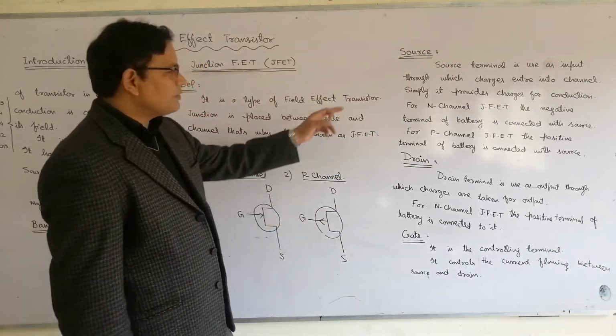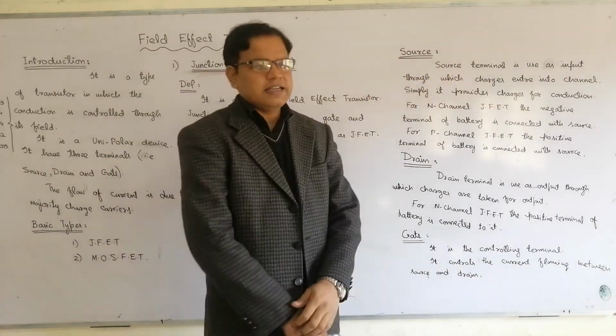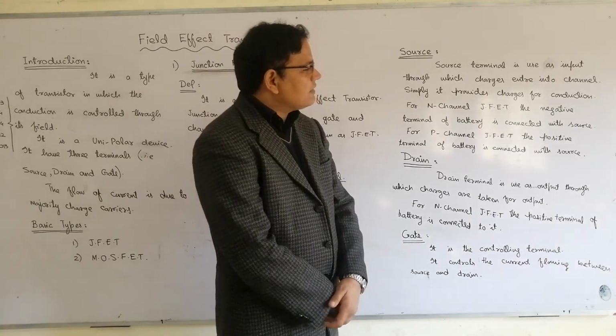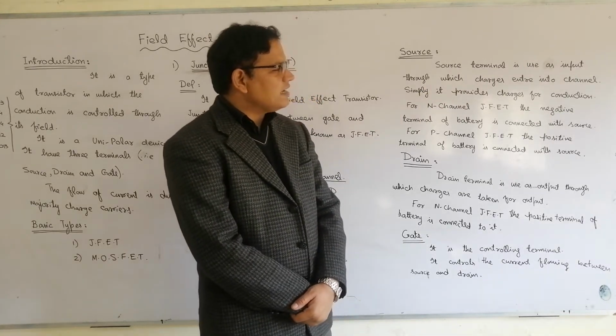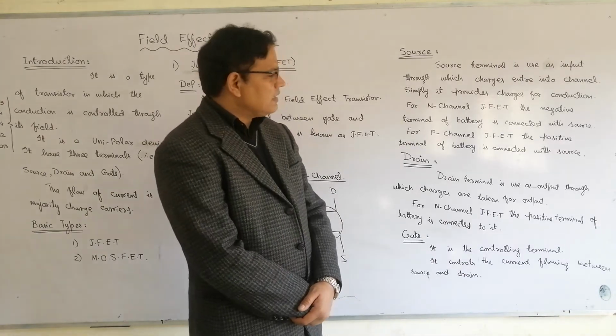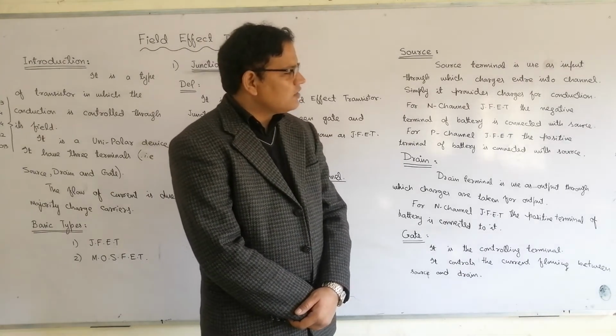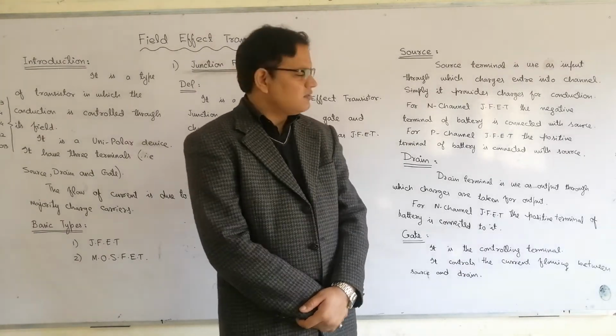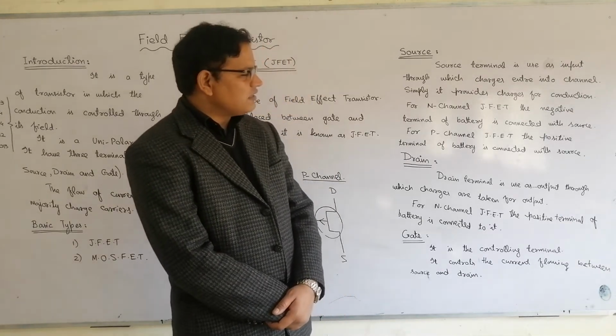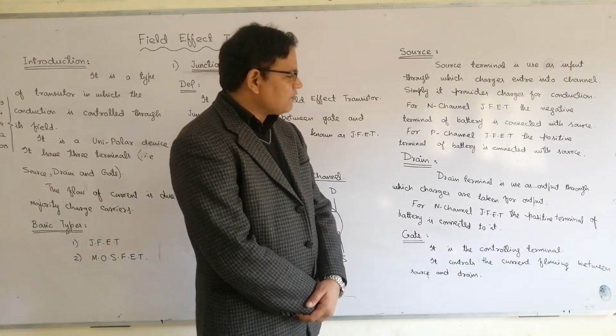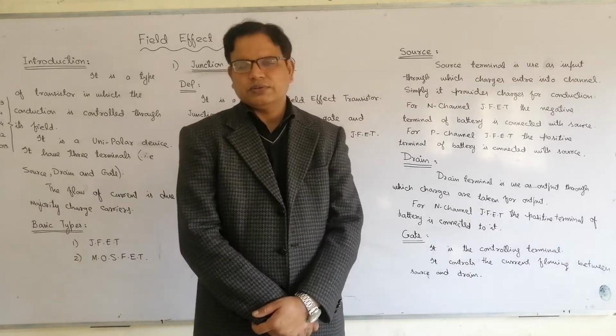What is the source terminal? The source terminal is used as input, through which charges enter the channel, and it provides charges for conduction. For the N-channel JFET, the negative terminal of the battery is connected to the source.